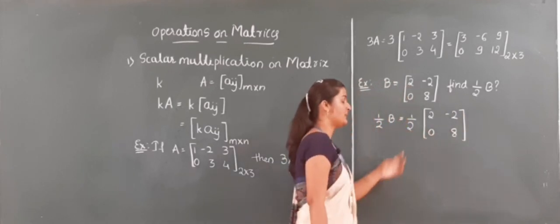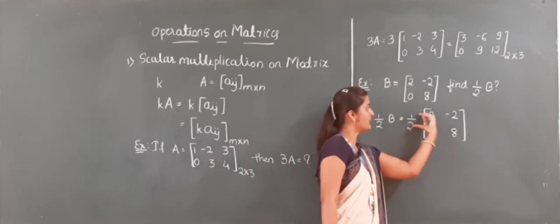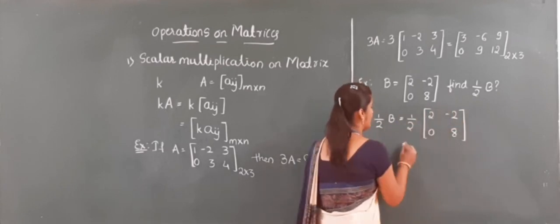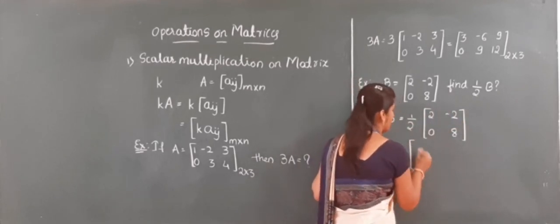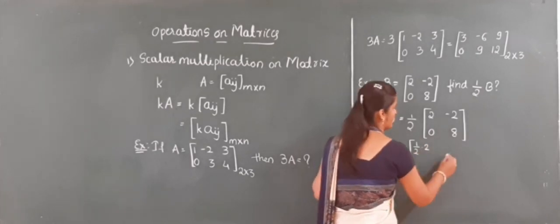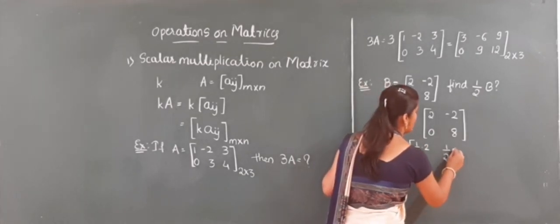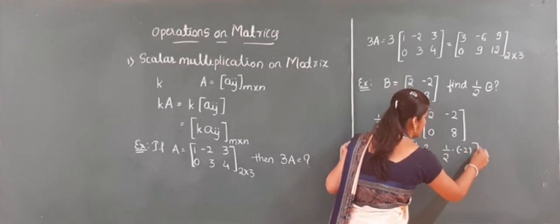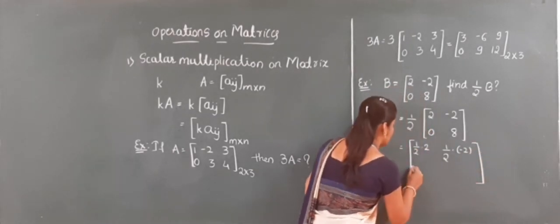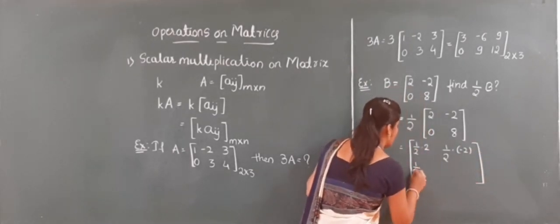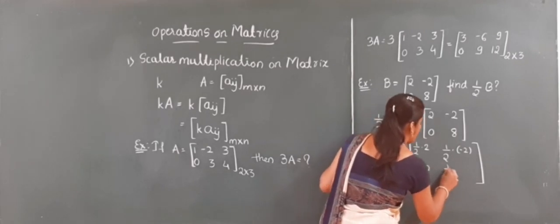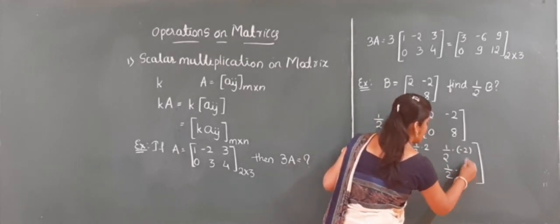Next I have to multiply this scalar. So we are multiplying 1/2 to all the elements. What will you get? 1/2 into 2, first term. Next 1/2 into minus 2, first row is completed. Next for the second row, 1/2 into 0, 1/2 into 8.